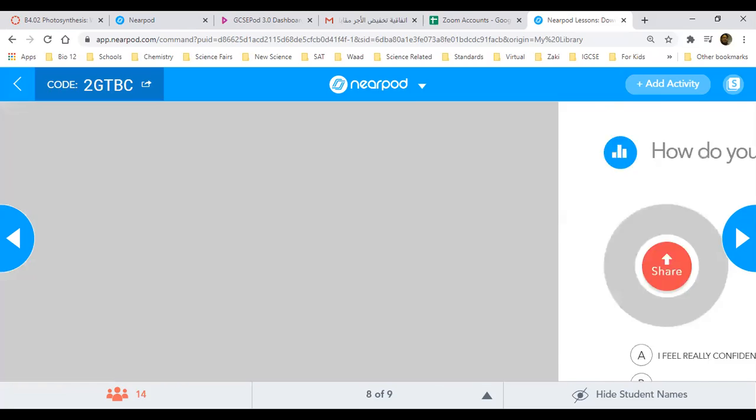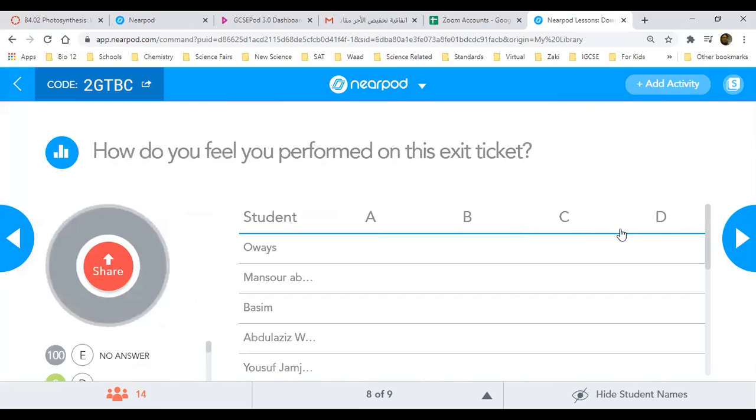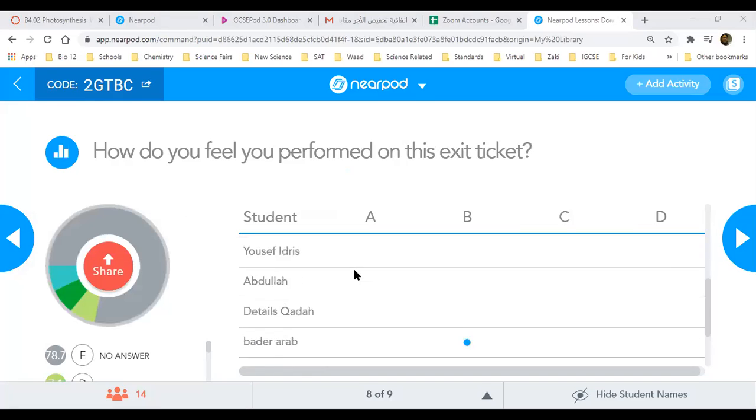So let's think and reflect. How do you feel you performed on this quiz? That would be your exit ticket. How did you guys perform in this quiz? Okay, that was a good detail, Dia. So I'll keep it in mind and I'll write it down for you. The one with the details.